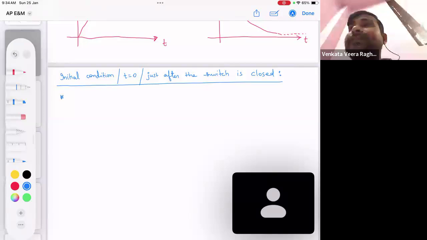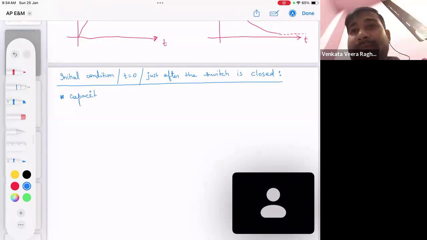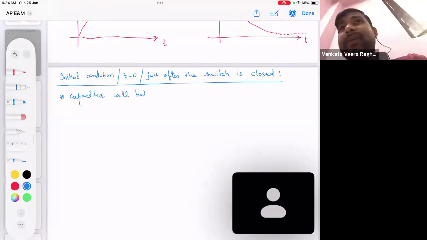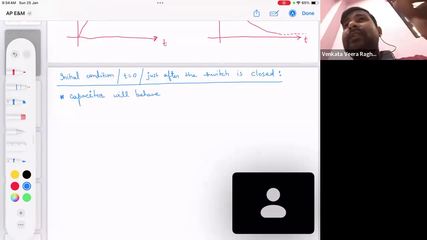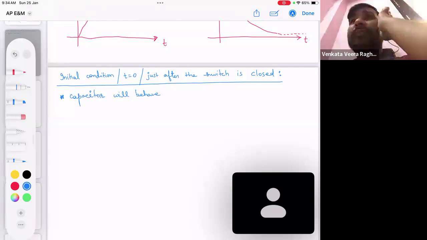So the important point is that at t equal to 0, the capacitor will behave like... If there is no potential difference across any element, isn't it we say that it is short circuited?